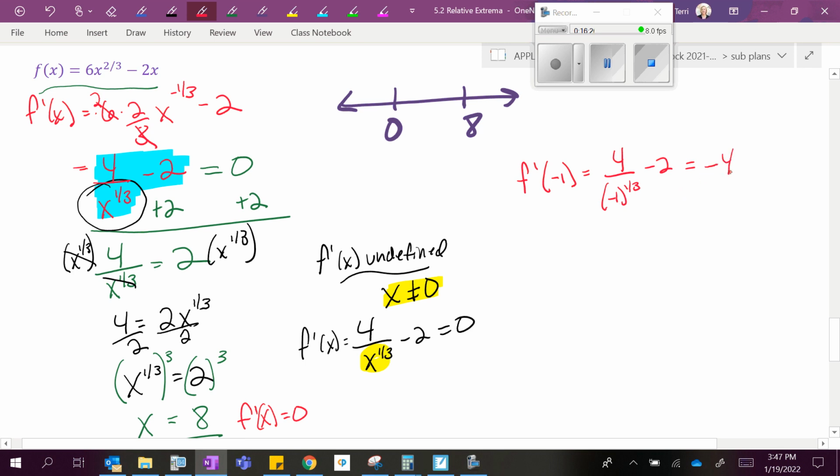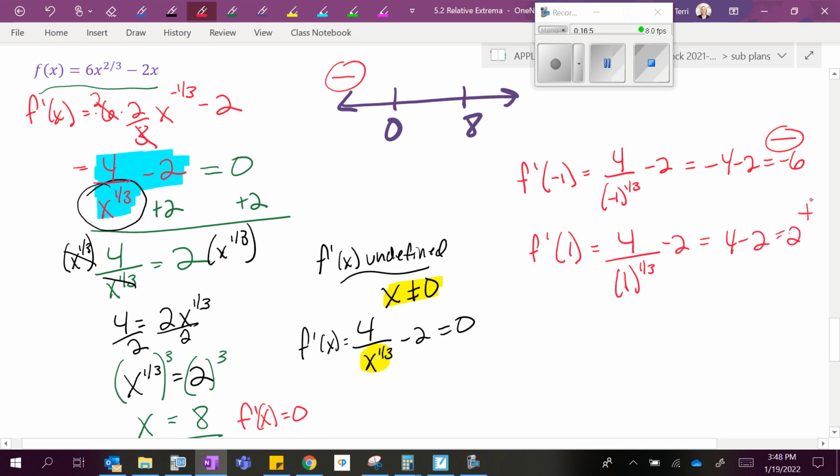So I end up with -4 minus 2, which gives me -6. So this interval is decreasing. I choose a number between 0 and 8. Let's say +1. I take the cube root of +1, which gives me 1. So I get 4 minus 2. So I'm increasing between 0 and 8.